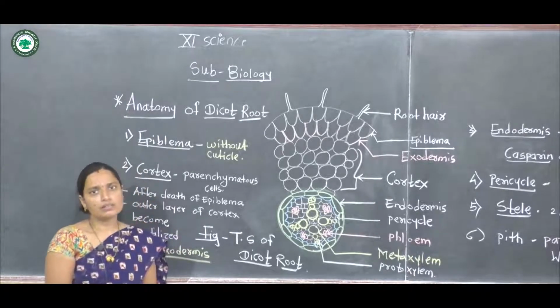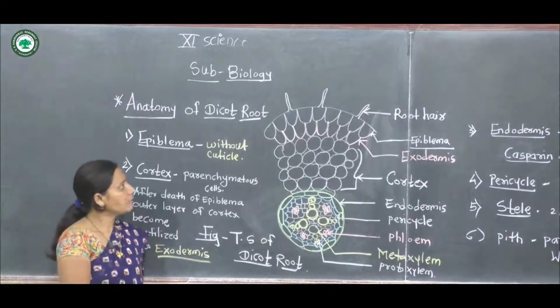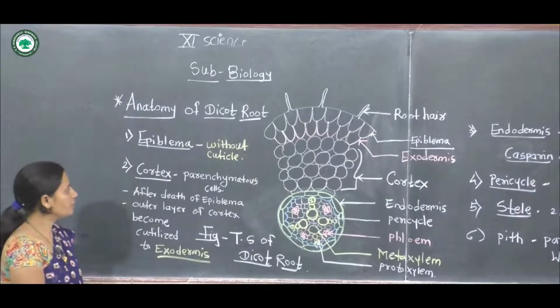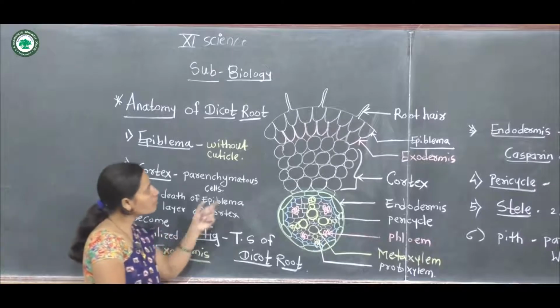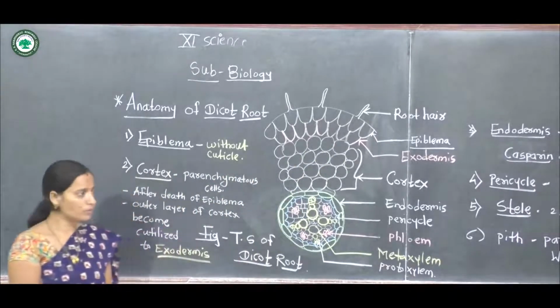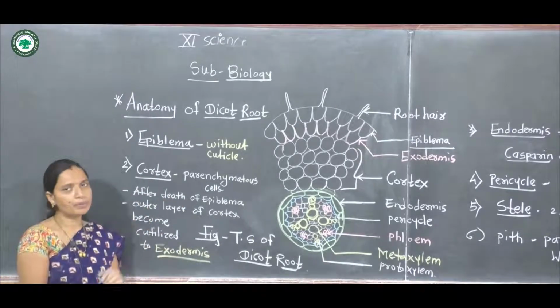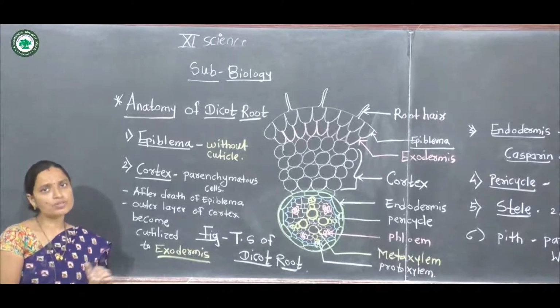The next layer, below the epiblema, is the exodermis. The exodermis is found only sometimes, after the death of the epiblema, the outermost single layer.